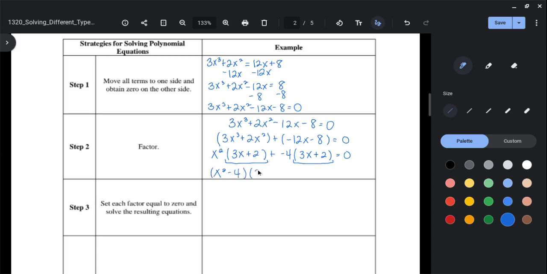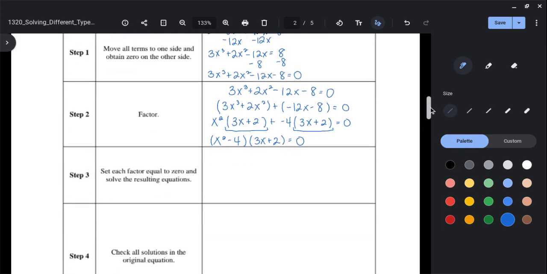So 3x plus 2 equals 0 still. So now we have successfully factored our polynomial. Again, if you're unsure if you factored correctly, you can always use the distribution property to multiply these two factors and see if you get your original 4-term polynomial back.